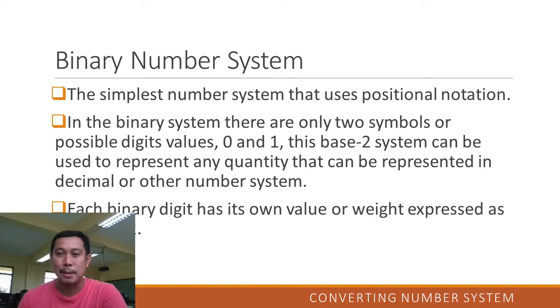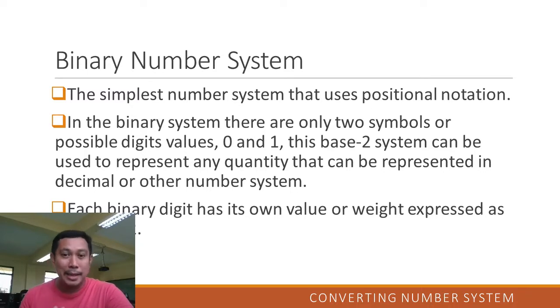This base 2 system can be used to represent any quantity that can be represented in decimal or other number systems. So therefore, our binary number system, which is zeros and ones, has its representation in the other number systems. So you name it: we have the octal number system, the decimal number system, and the hexadecimal number system.